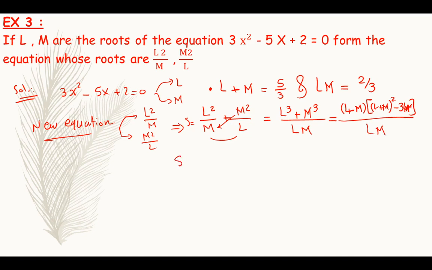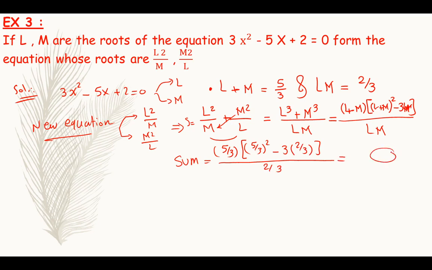So the sum again will be equal to L plus M, 5 over 3, multiplied by 5 over 3 all power of 2 minus 3LM, and LM here equals 2 over 3, over LM, which is equal to 2 over 3. Use your calculator to find the sum.